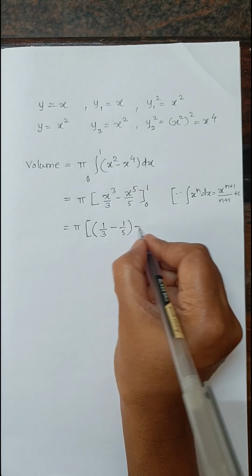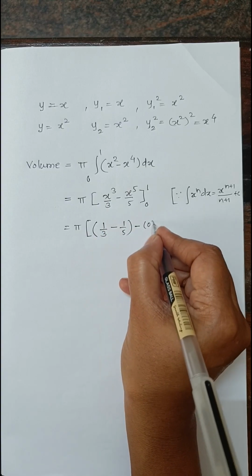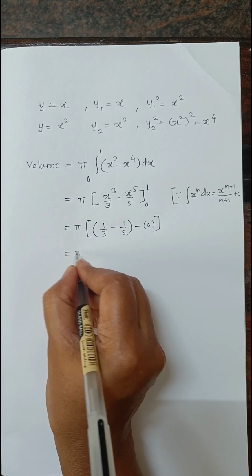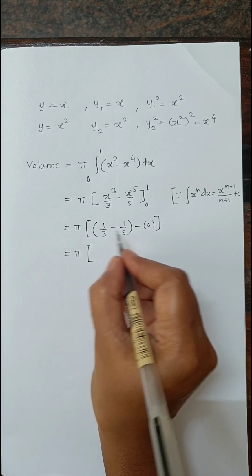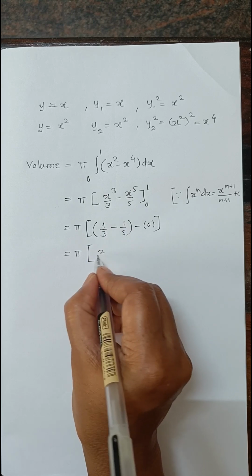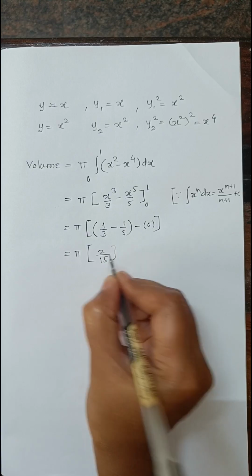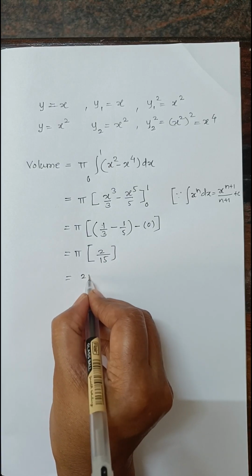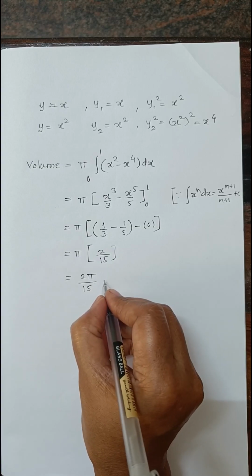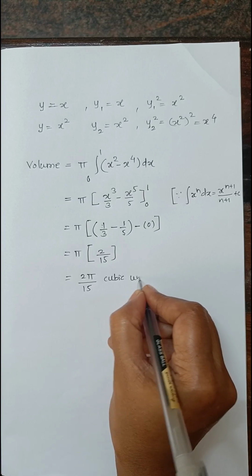This is the upper limit, minus the lower limit x is equal to 0, where both terms are 0. So pi times (1 upon 3 minus 1 upon 5), by cross multiplication, 5 minus 3 is 2 and 3 into 5 is 15, is equal to 2 pi upon 15. Since this is volume, therefore cubic units.